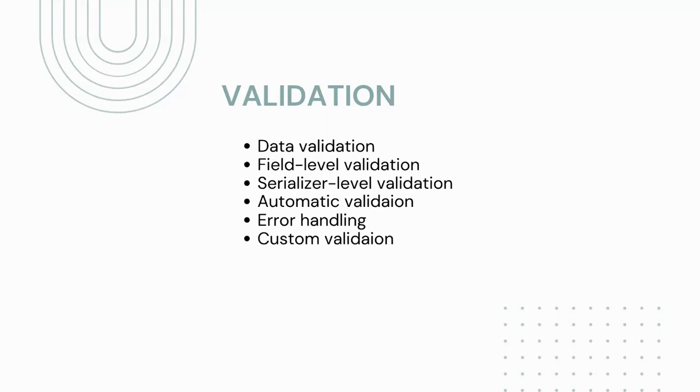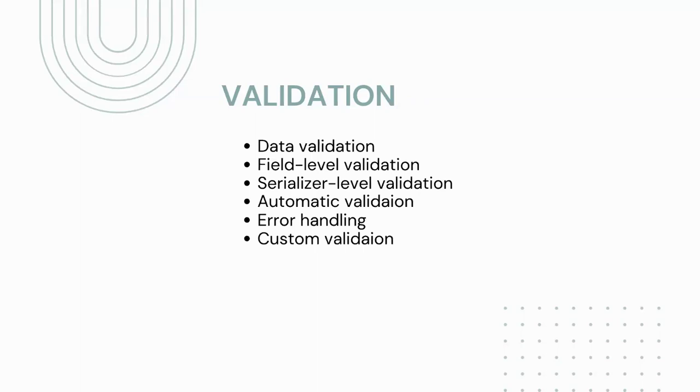Next is automatic validation. Django fields provide automatic validation based on the field's type and any additional validation rules that are specified. The next is error handling. If validation fails in Django serializer, the serializer raises a validation error, which contains details about what went wrong.